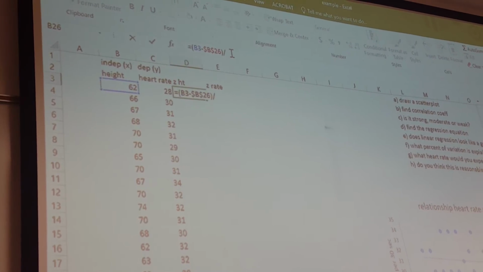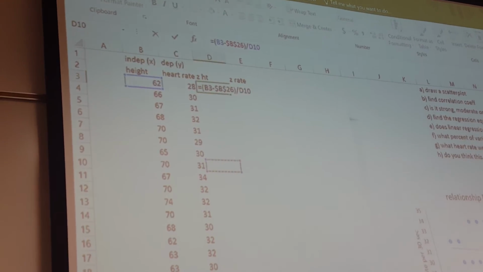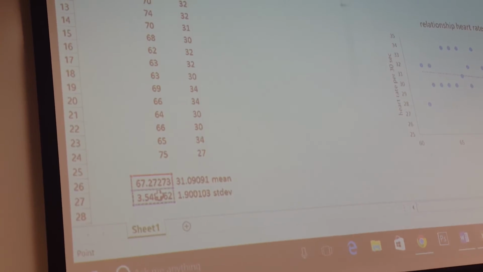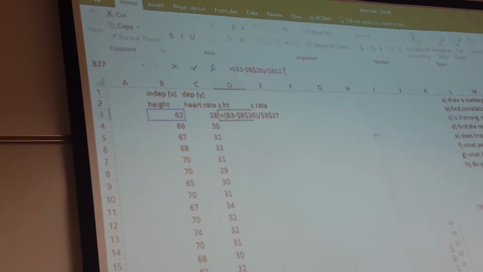We're going to divide by the standard deviation, which is below that number there. Do we need to F4 that one? Yes.